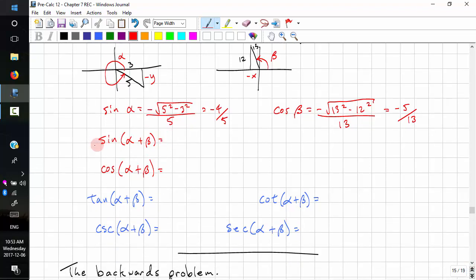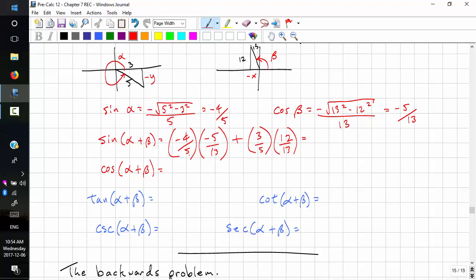So if you're not familiar with the identities, I would write them out again. But this is sine alpha, negative 4 over 5. And we have cos beta, that's negative 5 over 13, plus cos alpha, this is 3 over 5, and sine beta, this is 12 over 13.